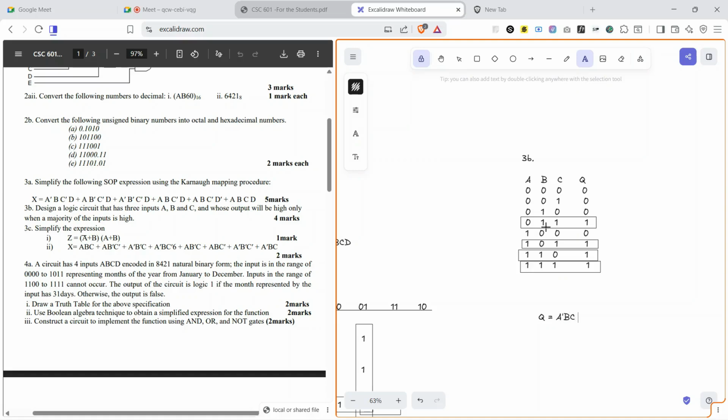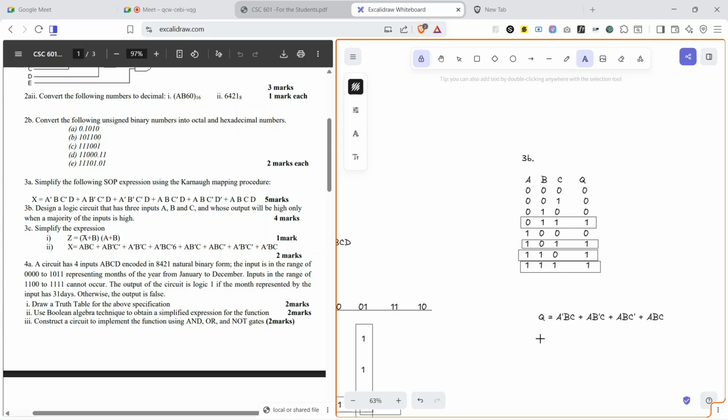So A bar BC plus the second one, A B bar C, then plus the third one, A B C bar, and then the last one is A B C.